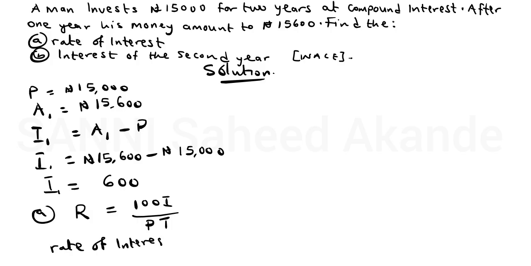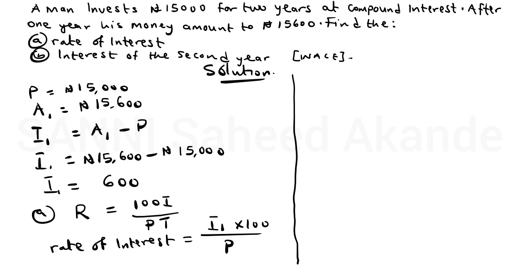All right, so the rate of interest will be equal to interest for the first year multiplied by 100 divided by P. Okay, and like I said, the T for the first year is 1, so P times 1 is still P. So R, the rate for the first year, will be equal to my I1, 600, multiplied by 100, everything divided by P, which is 15,000 naira.